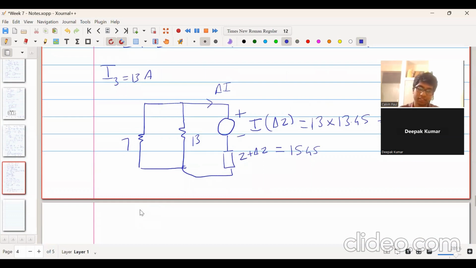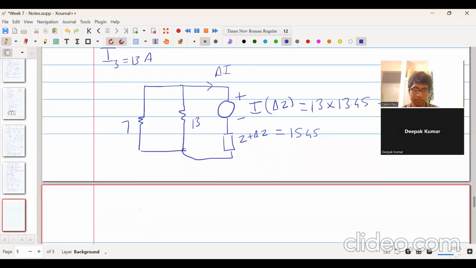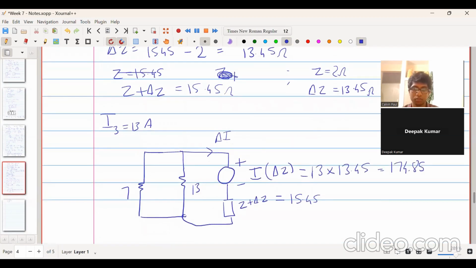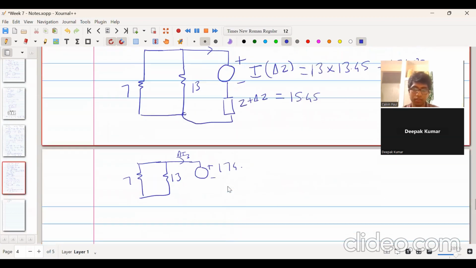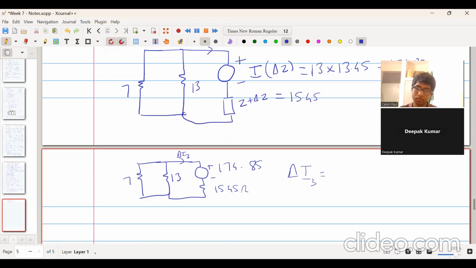We write the new network like this: 7, 13, delta I3 through this branch, plus minus 174.85, and a resistor of 15.45 ohm. Any doubts in this? So what is delta I3 then?